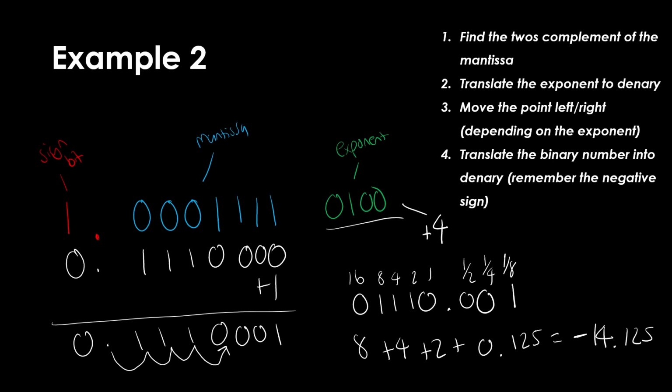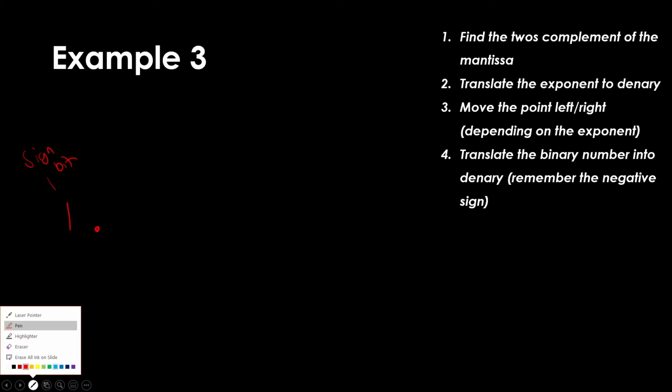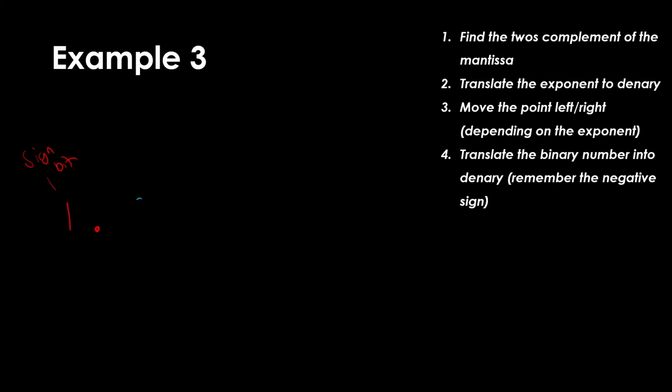I've got one more example to talk through. Right, so firstly we're going to have, of course, a sign bit of 1. We're going to have a mantissa that's equal to 0 0 1 0 0 0 0.